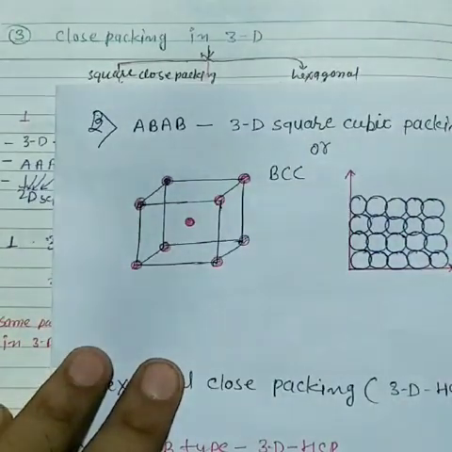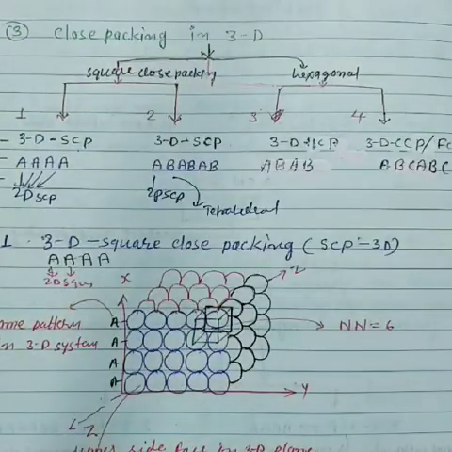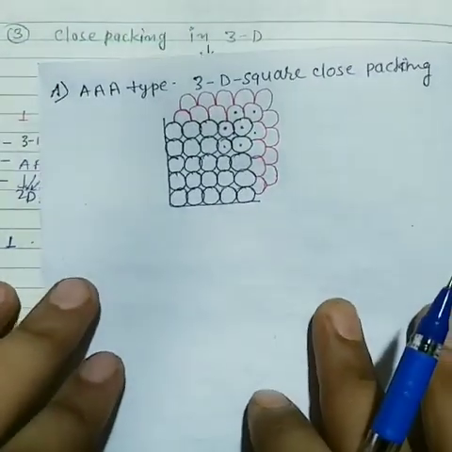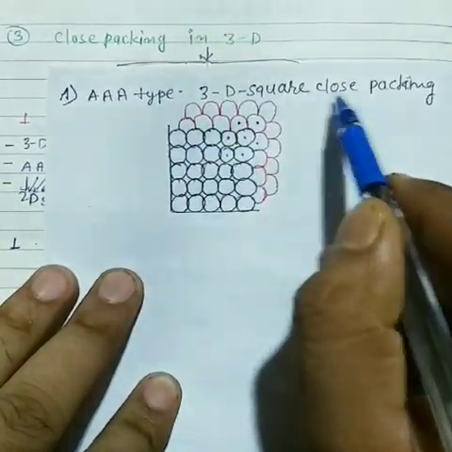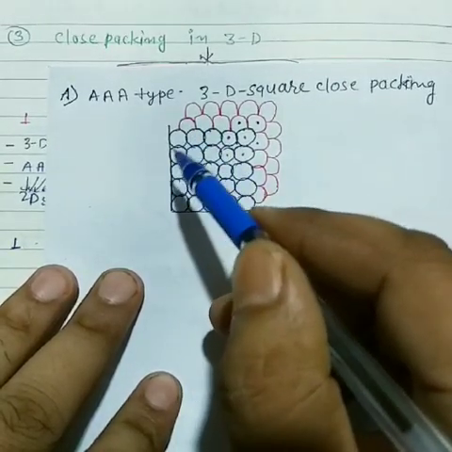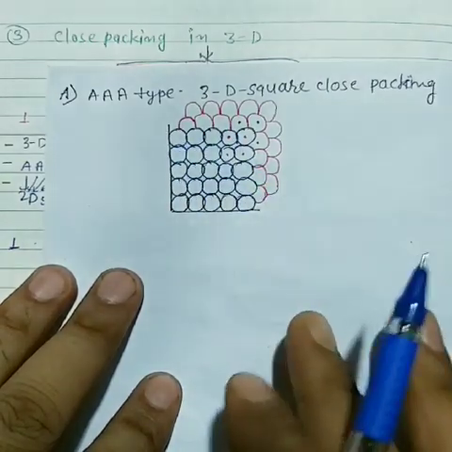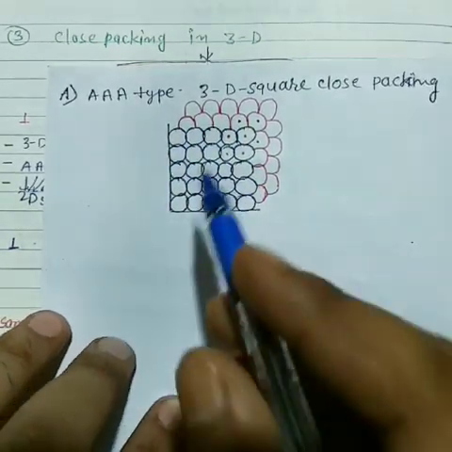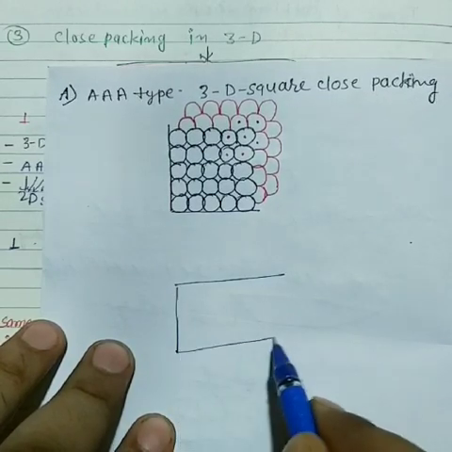Now, first of all, we will discuss AA type three dimensional square close packing. Now see, I am drawing before telling you students, because it takes a lot of time here. First of all, how to imagine this type of crystal, that means a 3D crystal.